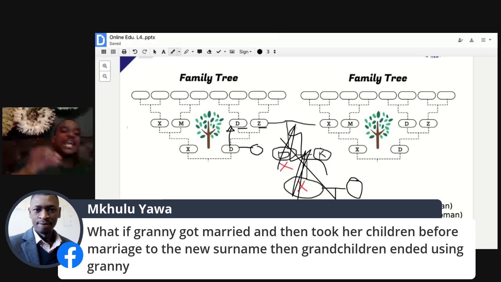If your grandmother married ngokwesintu to your grandfather, the child that they have from there will have your grandfather's surname. Let's assume it's a male, and then you are born from perfect wedlock of that male. Then the grandchildren would have their grandfather's surname.